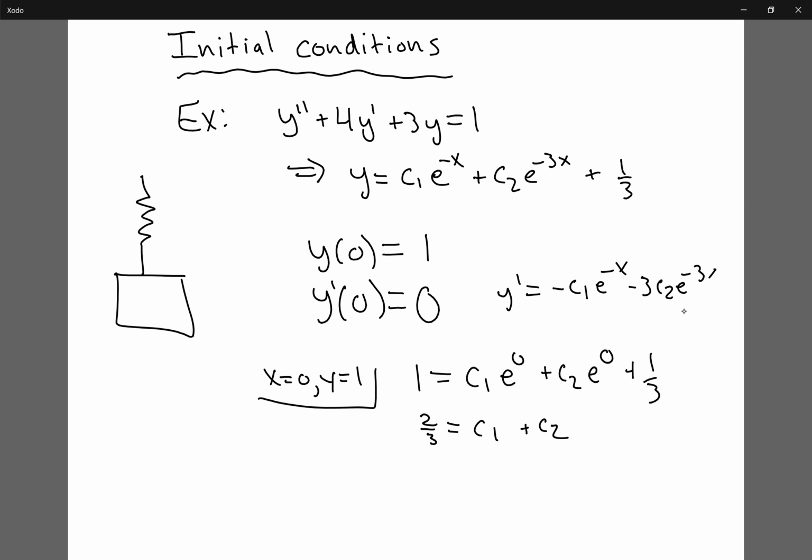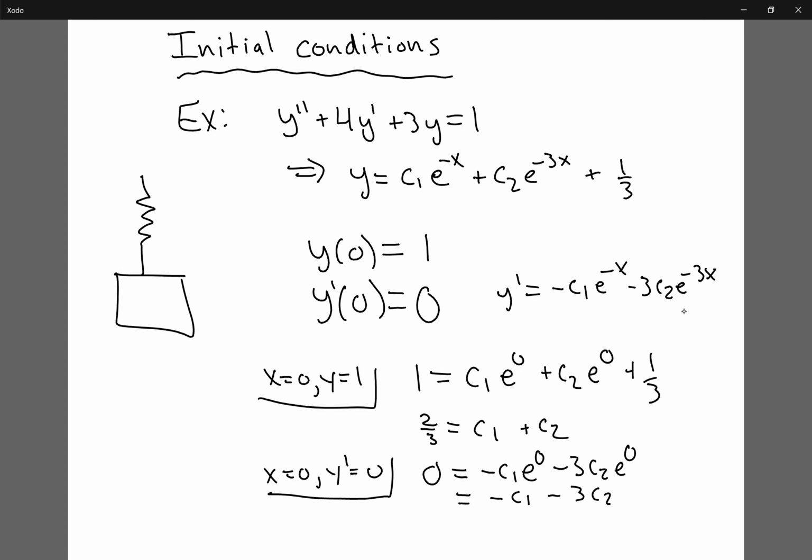And so when x equals 0 and y prime equals 0, we have 0 equals negative c1 e to the 0 minus 3c2 e to the 0 again, which is negative c1 minus 3c2. Okay, so we have two equations, and we'll put a 0 down there.